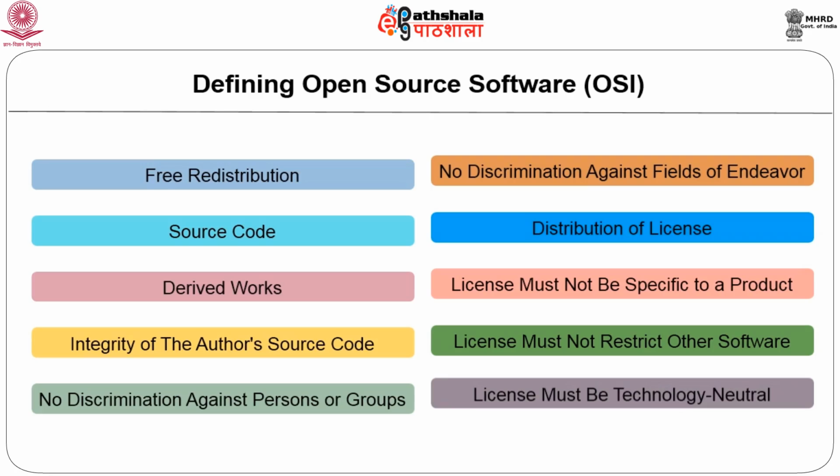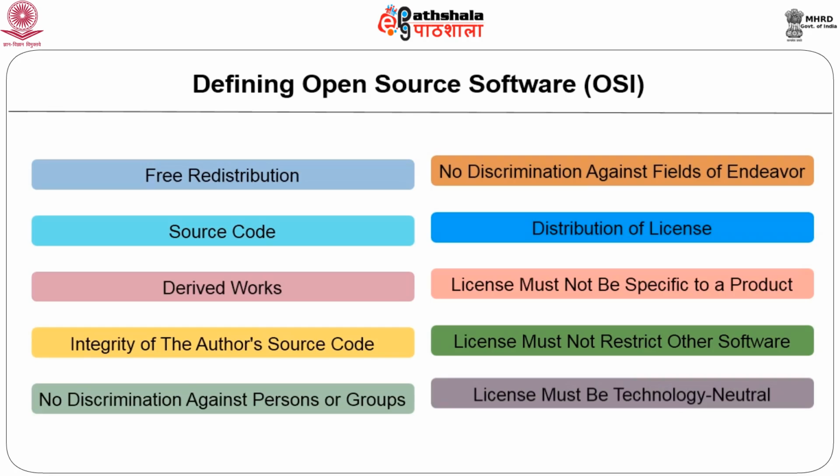There is no restriction on persons, businesses, groups. There is no restriction that the software must be only for business or research. And finally, the open source software should be technology neutral.